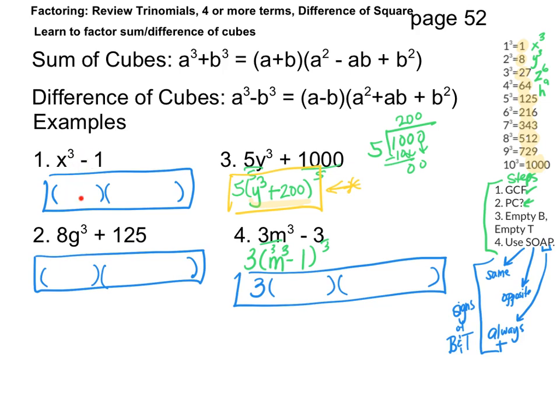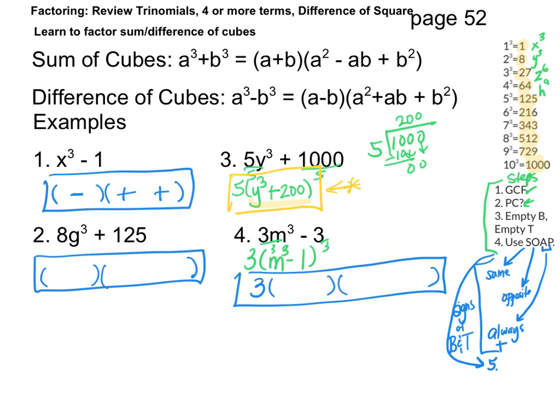This sign and this sign, the sign of your given binomial and the sign in the first binomial, are the same. So that means I'm going to have a minus sign here. They're the same. Next, this sign and this sign are opposites. So if this is a negative, then you put a positive. And then last, this sign here in this trinomial is always a positive. Now I should have put another step over here. I wasn't thinking.